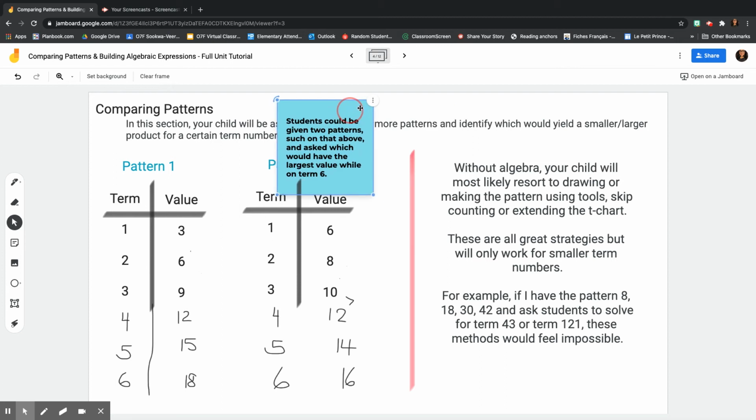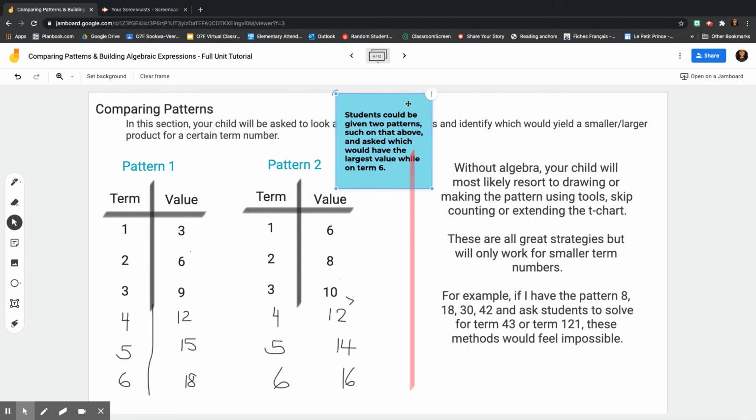And so again, just to reiterate, while your kids are looking to extend patterns, they normally would do something like skip counting, they would add to the T-chart the way that I have done, or they can continue drawing or using their blocks. So this works for really small numbers.